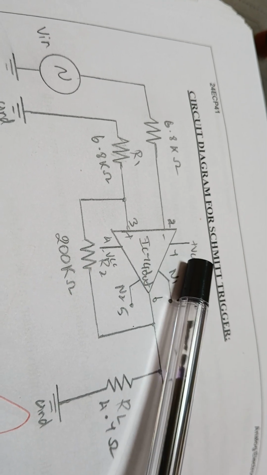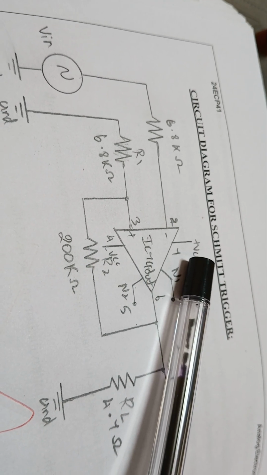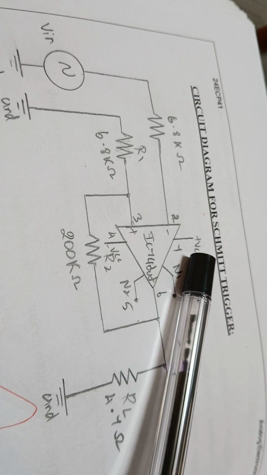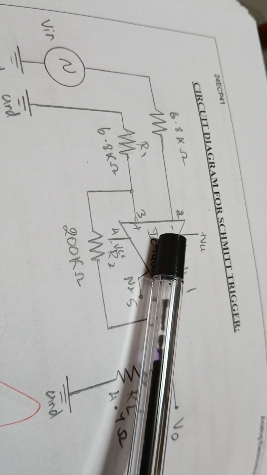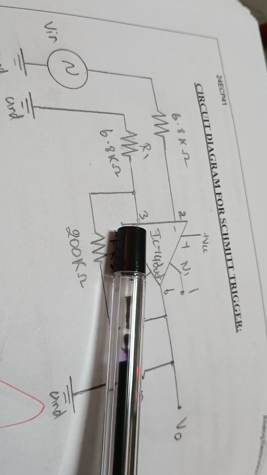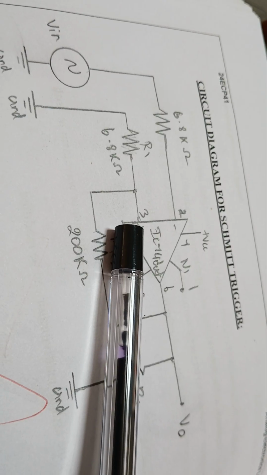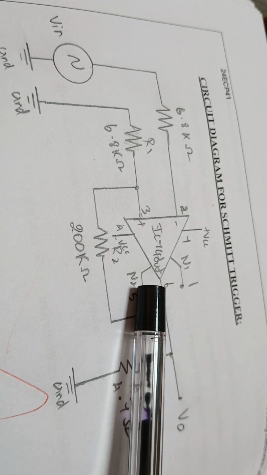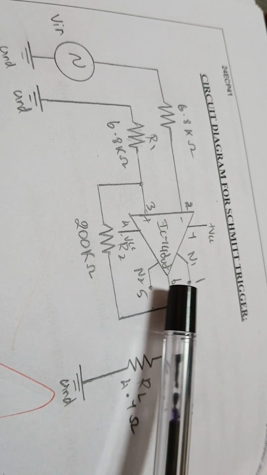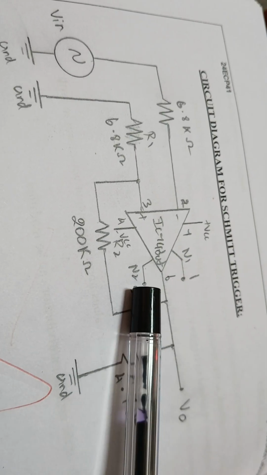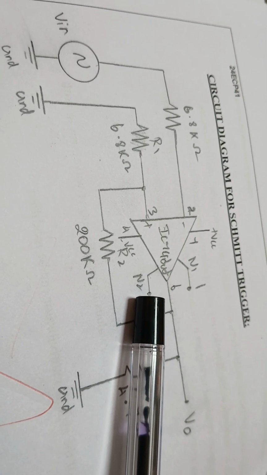VCC can vary from plus or minus 12 volt to plus or minus 15 volt. And we have two input terminals, one inverting and the other non-inverting. Pin number 6 is the output pin. The other two, 1 and 5, are for offset null.